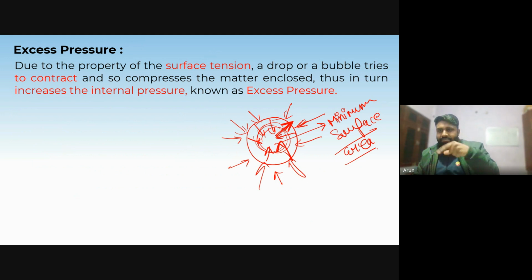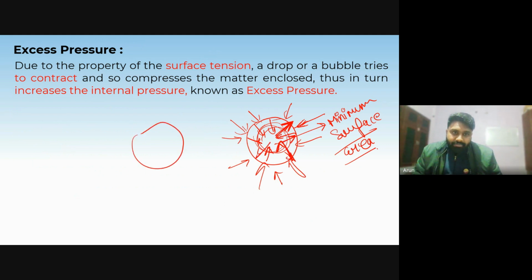It has a particular shape, for some time, let's say, because after some time it will just collapse. But meanwhile, in that time, this surface tension must have a counter in the opposite direction. Got it? And that counter is termed as the pressure inside the bubble or air drop.